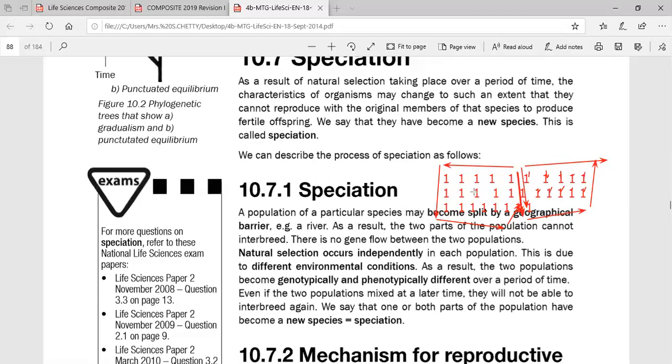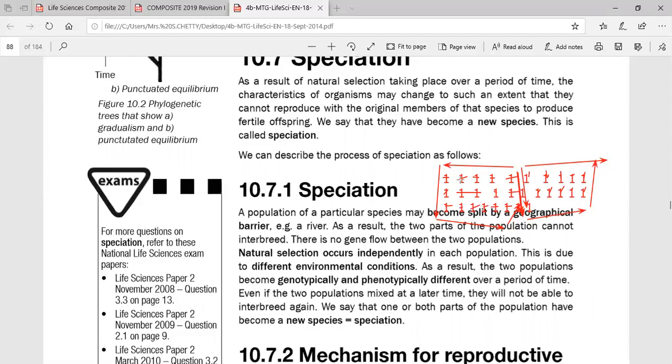But if it had a completely new environment, then this could also change. Are you with me? So changes would occur here. I should have drawn completely new changes, but I hope you're getting what I'm talking about.